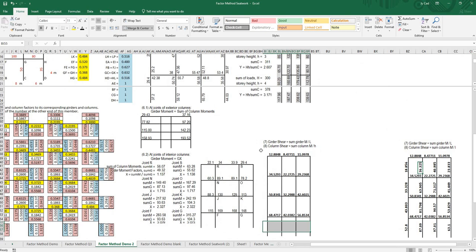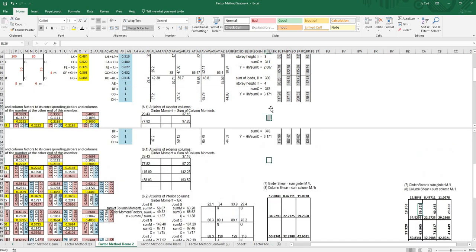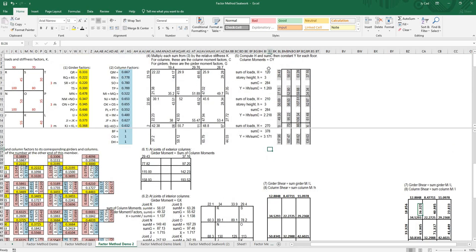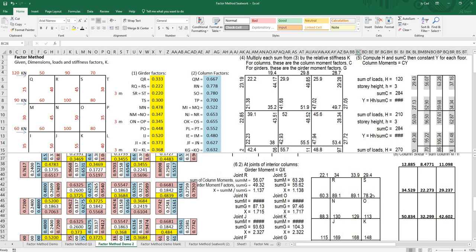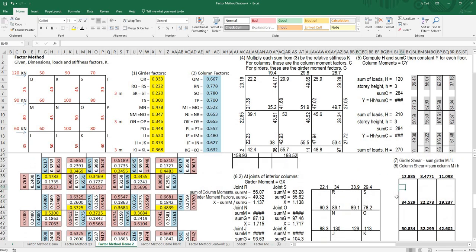And then finally, step 8 for column shear, that is the summation column M divided by H. So for this column, ang kailangan natin dito is yung nasa step 5. Okay? Dahil nandito yung mga column moments. Ayan. So, pakita ko lang. Ito.